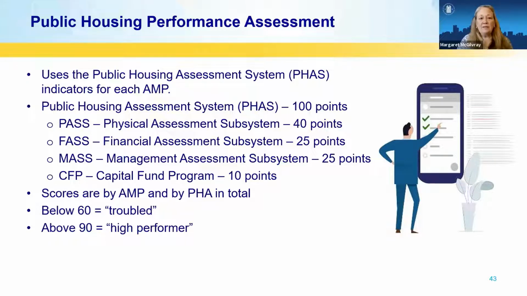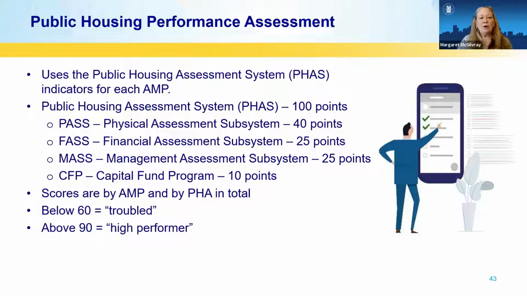That's the Real Estate Assessment Center, or REAC, that they come out every 1 year for troubled housing authorities or authorities that have had very low REAC scores, or every 3 years. And that's from HUD, and they are independent inspectors that come out and take a look at all of the physical conditions of your properties.